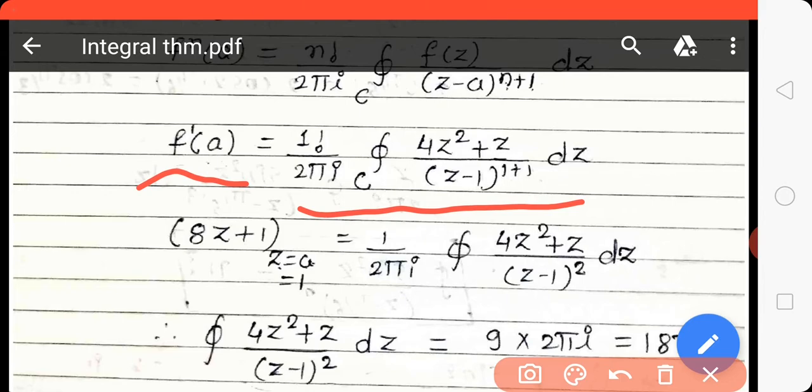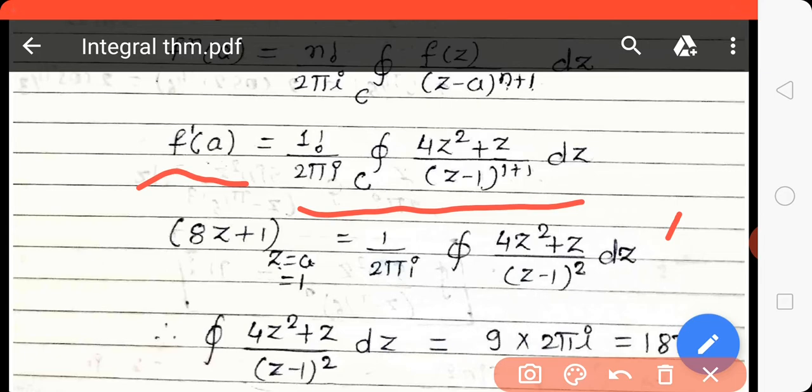Simplify. Find the value of f dash of a. For this, find the derivative of f of z. f of z is 4z square plus z. We take the derivative, we got 8z plus 1. Substitute the value of z is equal to 1 and simplify.